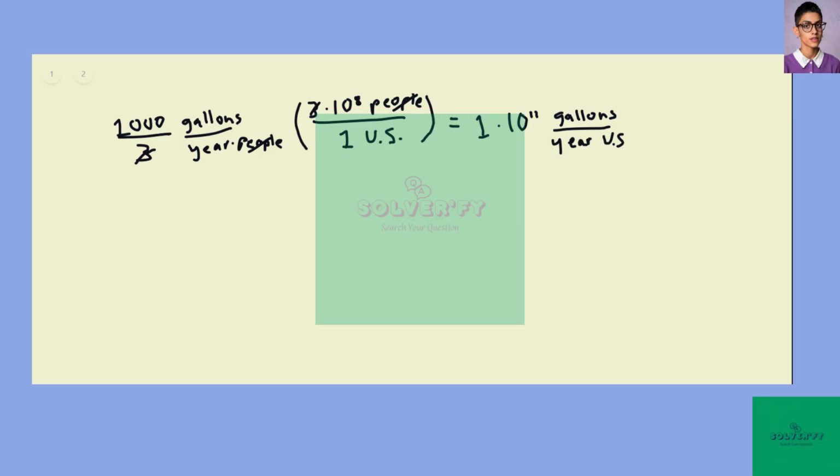Awesome. We're basically done, but one thing that we needed was how many gallons of gasoline are used per day. So the next thing we realize is, how many days are there in a year? For every year, we put the quantity of year on top to get rid of this one. There are 365 days.